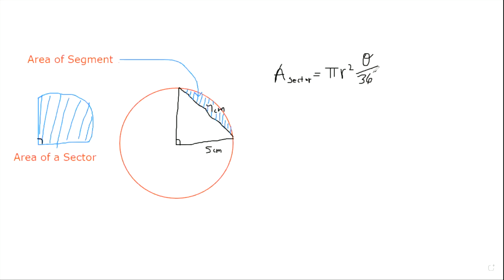This part of the formula tells me that I'm not looking for the area of the whole circle, only a fraction of the circle will be considered. We'll use 3.142 for pi. Okay. And our radius is 5.